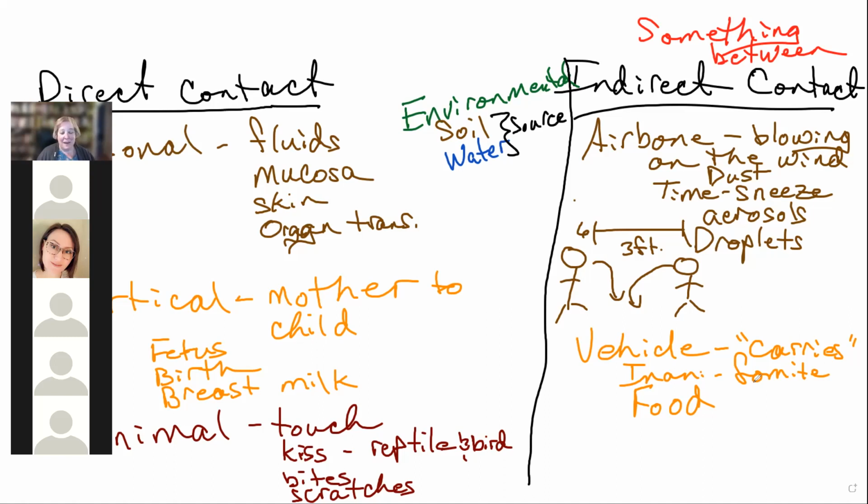And cows can carry hemorrhagic E. coli. So the source were the cows that provided the manure. The manure got on the cantaloupes, and then people ate it and they got hemorrhagic E. coli.